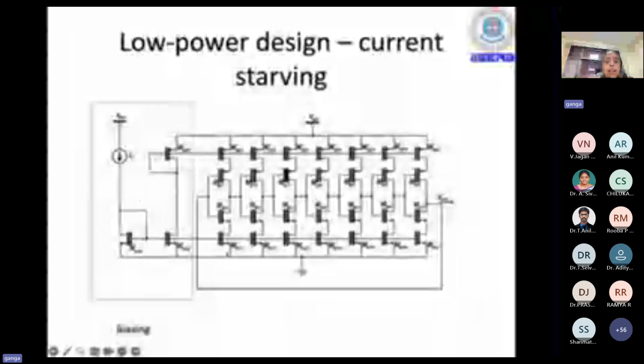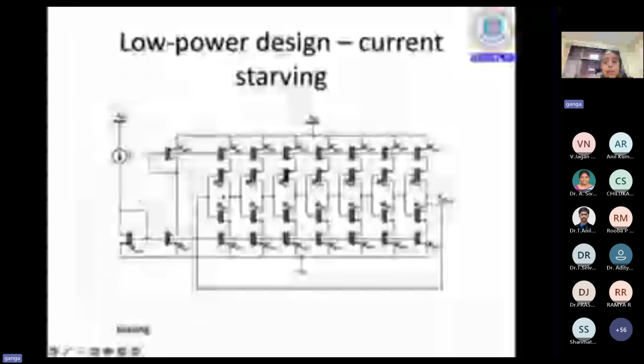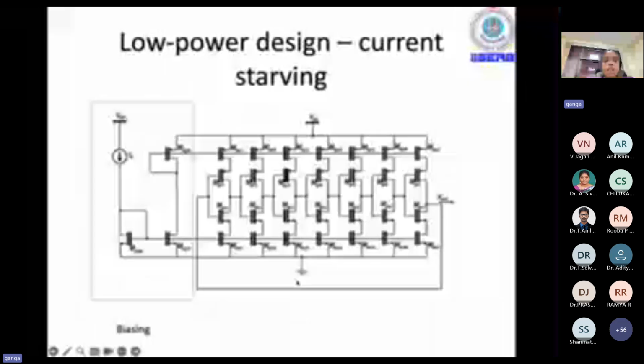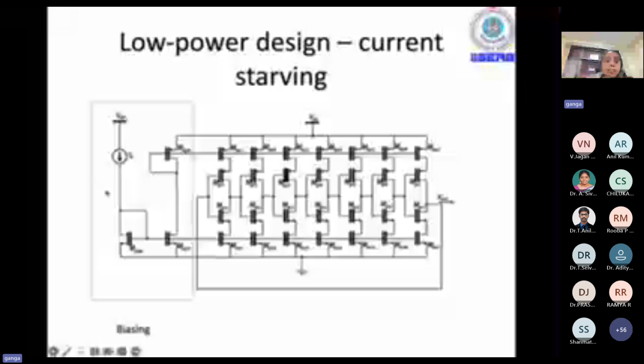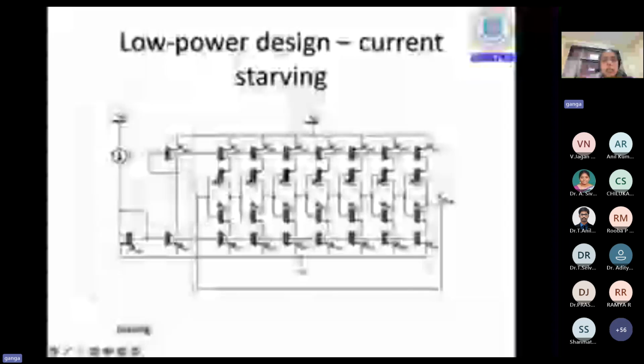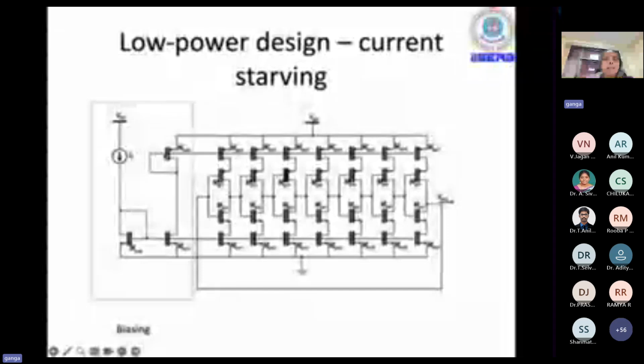The biasing PMOS transistors are in the top and NMOS in the bottom, and the current is going to be mirrored here. So we have control on the current, how much we want to provide to the circuit for biasing. By reducing this biasing current, these transistors are biased near weak inversion, and power consumption can be significantly reduced.